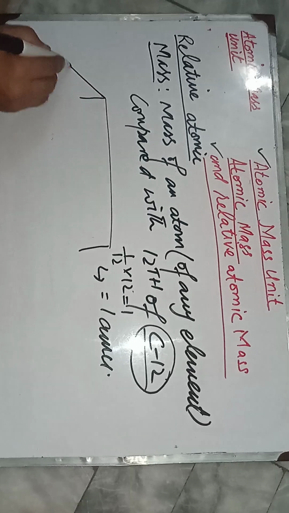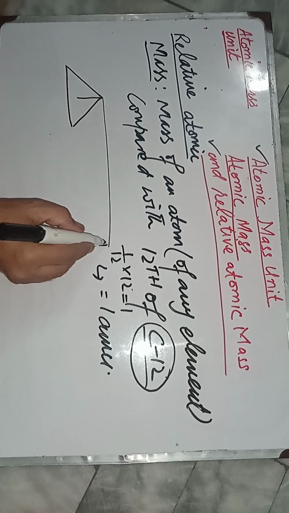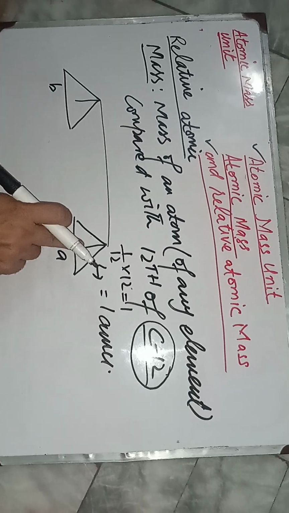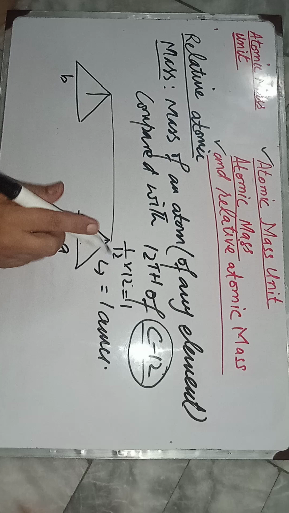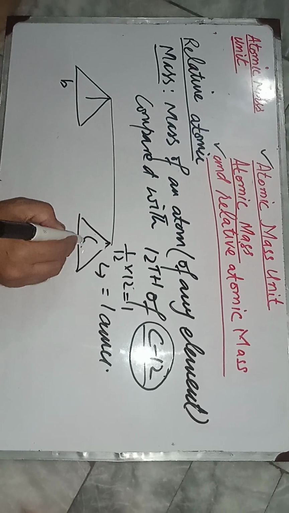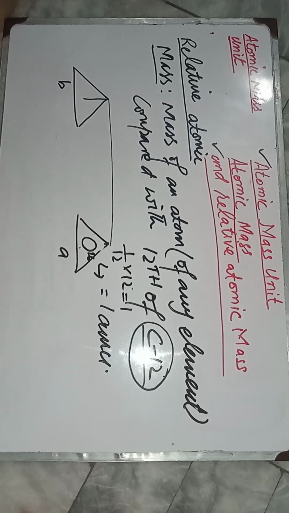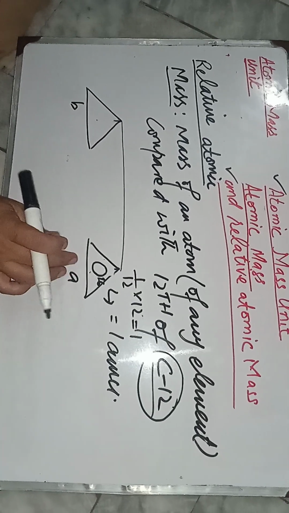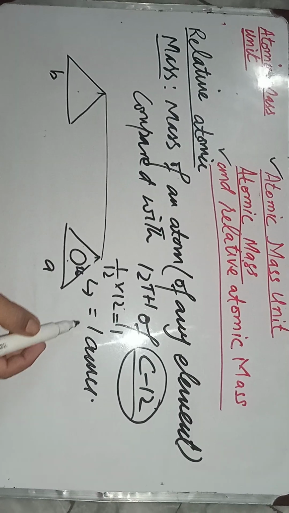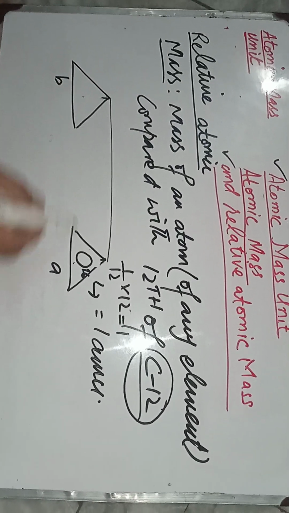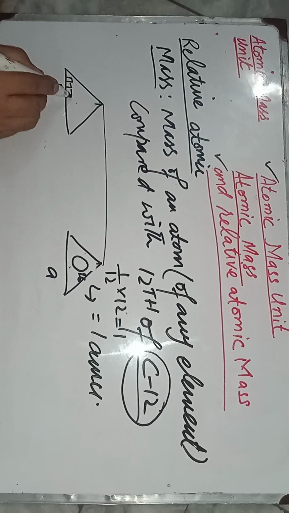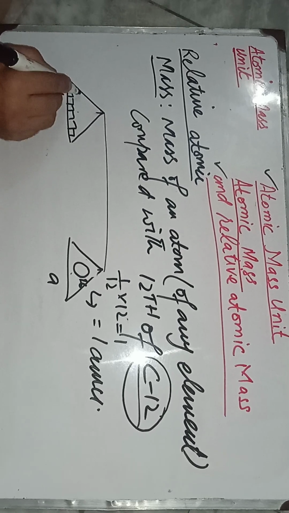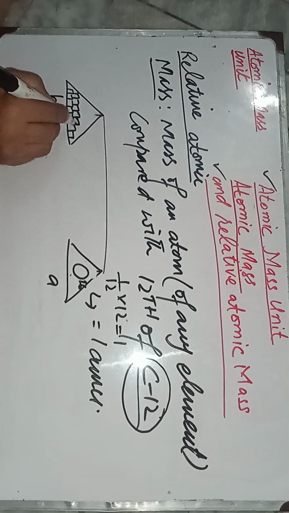So if we have a scale, with pan A and pan B, and over here we have oxygen 16, how many atomic mass units will we take here? Obviously we will be taking 16. 1, 2, 3, 4, 5, 6, 7, 8.